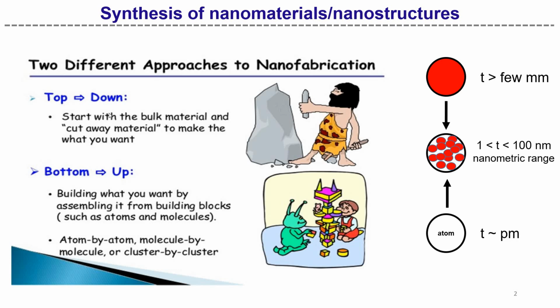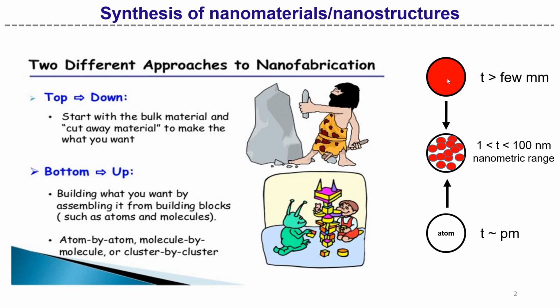In the top-down approach, as you can see here, a person is breaking a bulky object into smaller pieces. That is exactly what we do in the top-down approach, where in the first place we have the bulk material and we break that material into smaller parts. Importantly, we are converting that bulky material into a nanoscopic material.